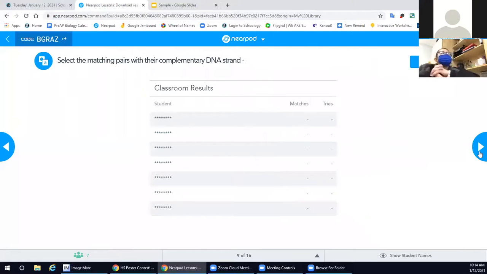All right, you're going to select the matching pairs with their complementary DNA strand. Basically, what is it going to pair up with?